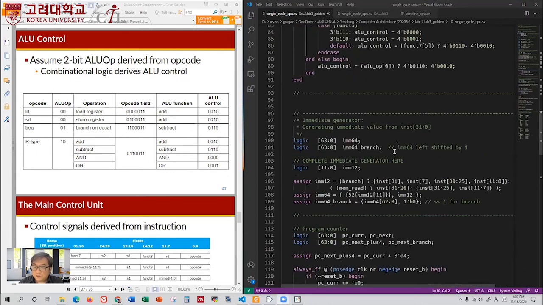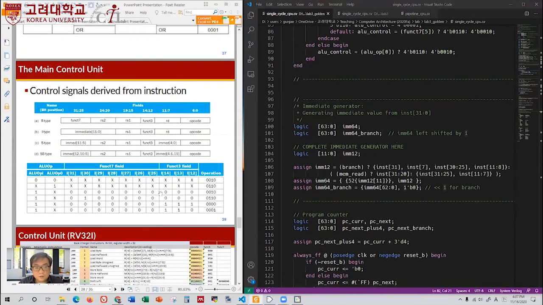And then the immediate generator. So in the immediate generator, there are 3 different types of instruction: the I type, S type, and SB type.